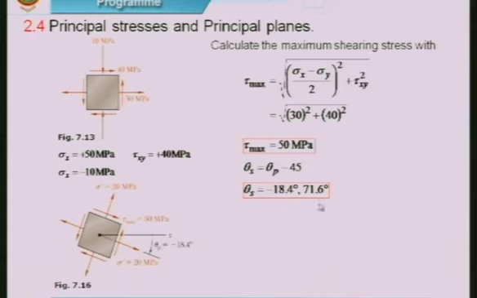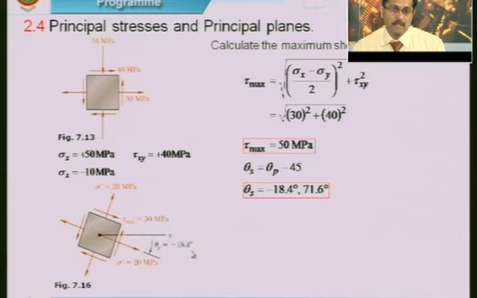Then the maximum shearing stress, this is the equation that we had used, and we got it as 50. Today also by using Mohr circle we got it as 50, and the maximum shear stress plane is given by minus 18.4 and 71.6. Here what is indicated is minus 18.4, whereas in the Mohr circle we had indicated 71.6, which would be 90 degrees to this axis.